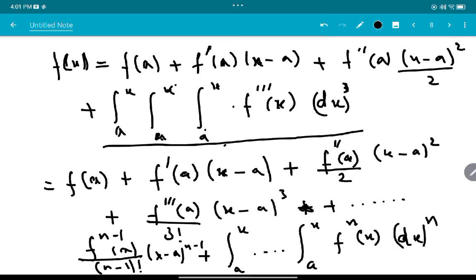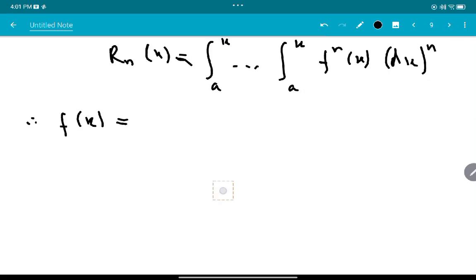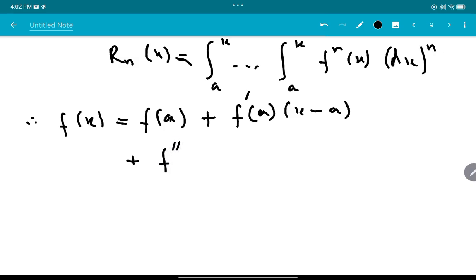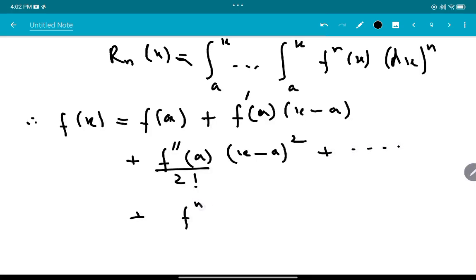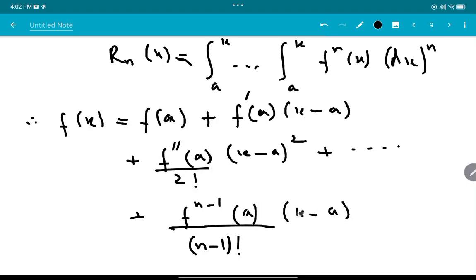First is f a, the value of the function at a, then f dash a into x minus a, then f double dash a by 2 factorial into x minus a whole square, then f triple dash a by 3 factorial into x minus a whole cube, plus dot dot dot, plus lastly f n minus 1 a divided by n minus 1 factorial into x minus a raised to n minus 1, plus the remainder R n x, as defined by this.